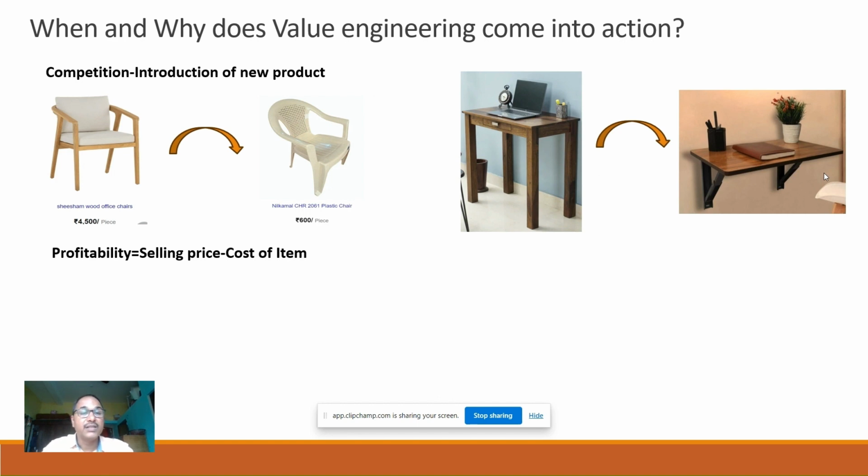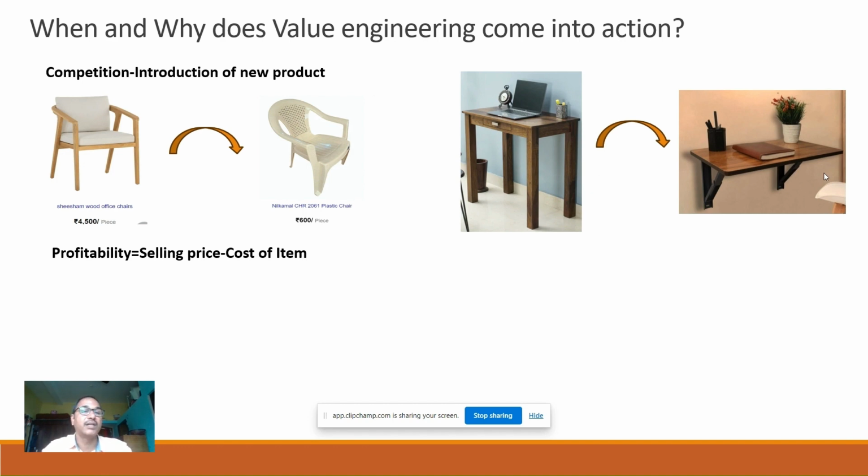Cost of the item includes the research and development cost, manufacturing cost, overhead costs, and so on. Now, this particular concept or strategy cannot always be applied for the entire product. Of course, in some cases, it can be applied for the entire product, but for a portion of the product.